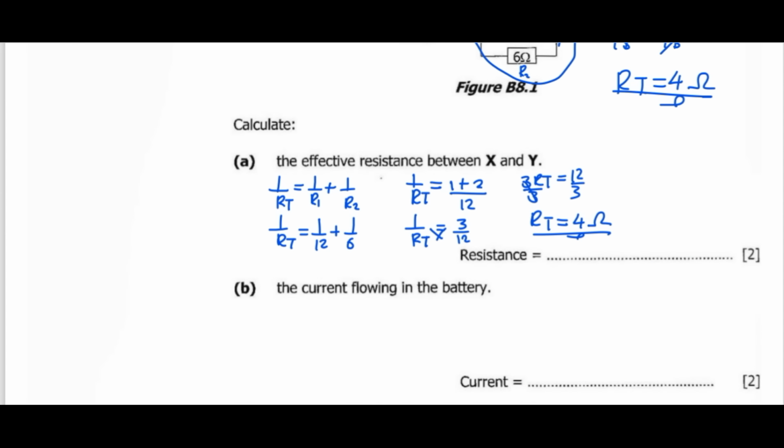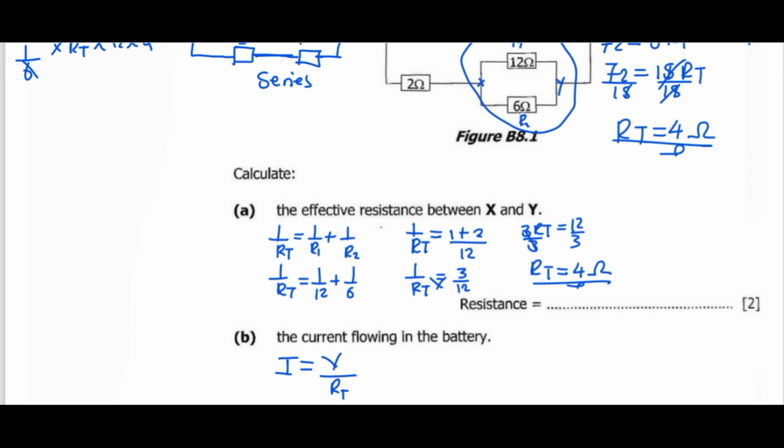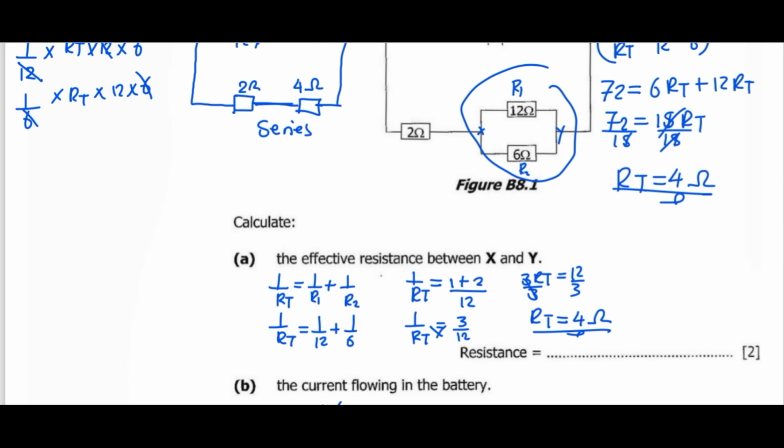The current flowing in the battery. So we just want the total current of the circuit. The formula is current is equal to voltage over total resistance. So what's our total resistance? We want to combine all the resistors so that we have 1.